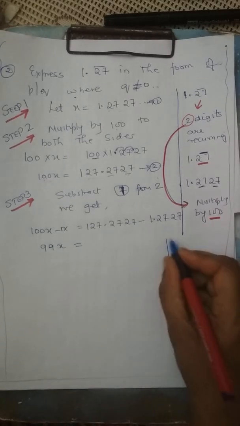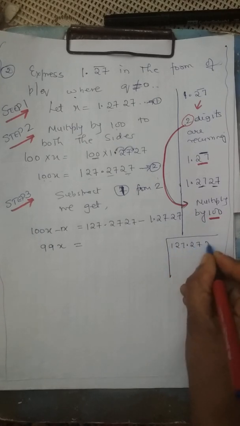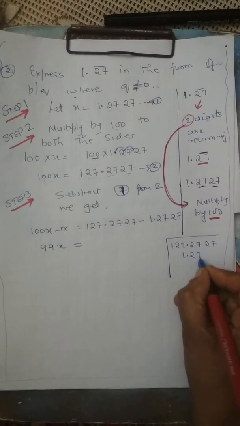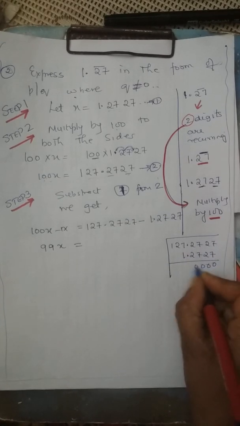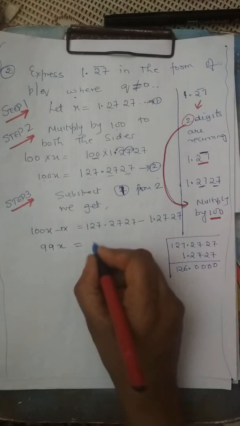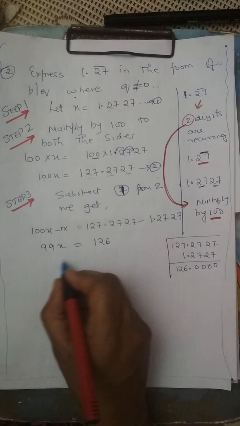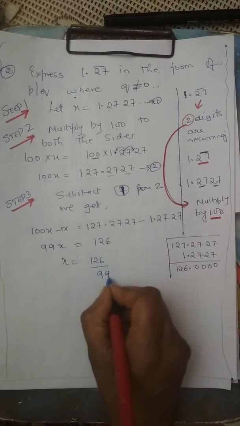Let's do this and see what we are getting. 127.2727. So 1.27 will come here, no? So 126. 126 upon 99. Now let's cancel and see if we are getting anything.